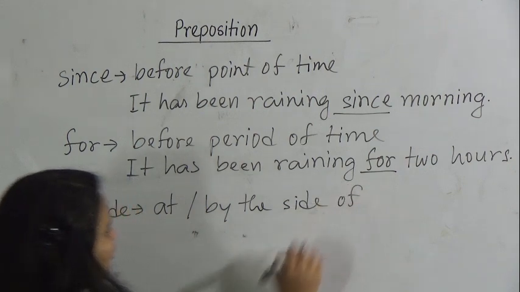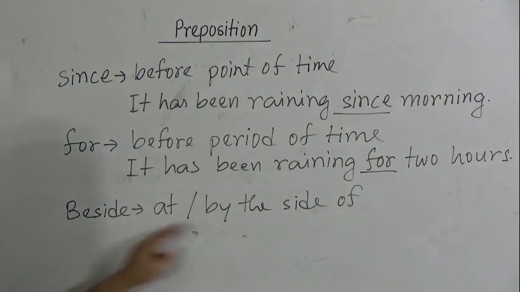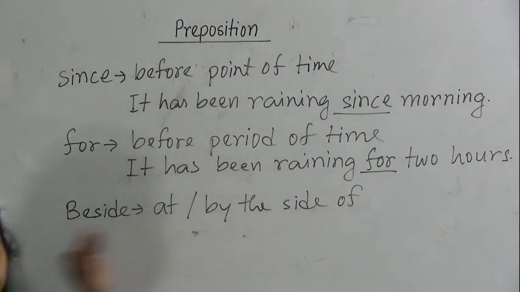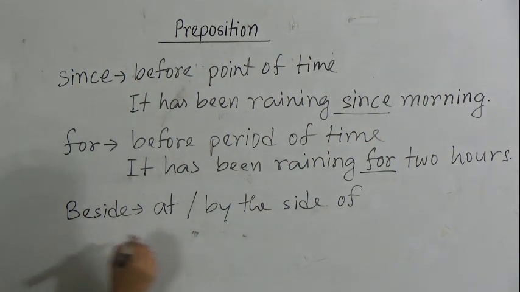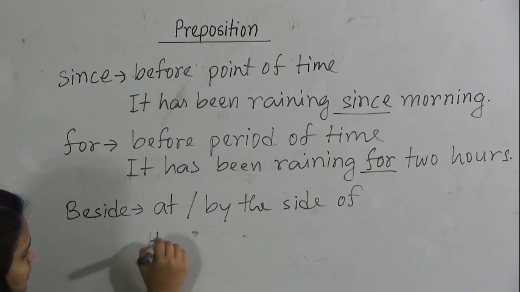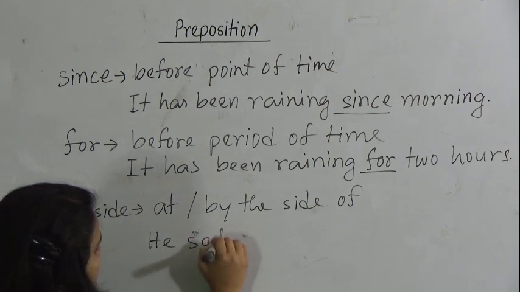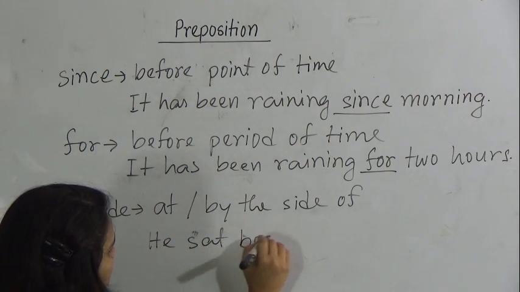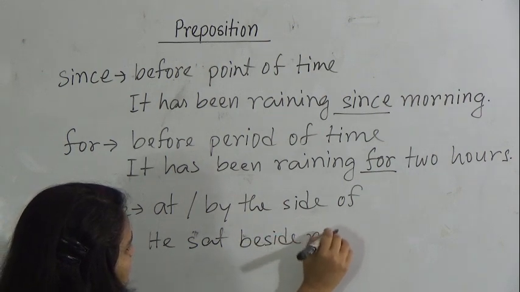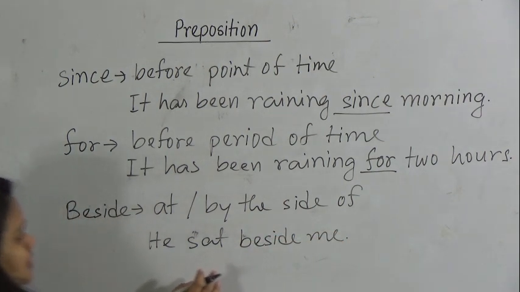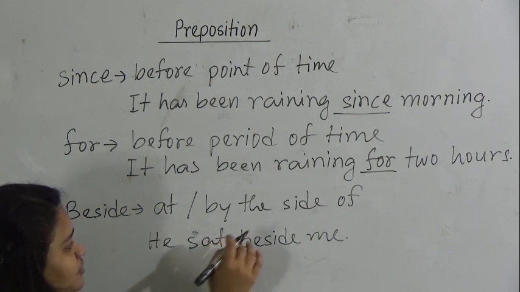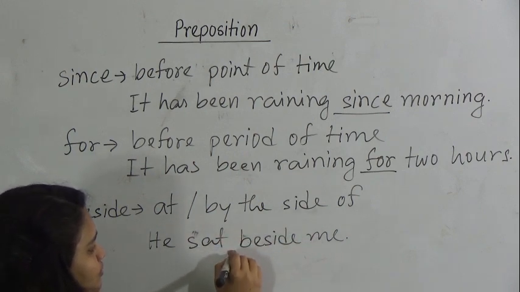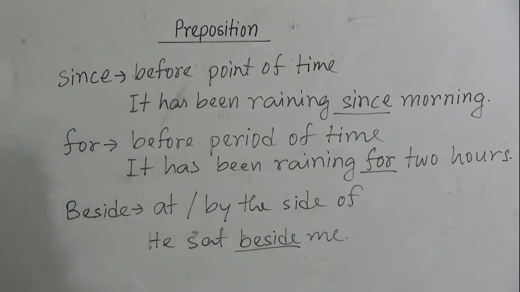We can write here, he sat beside me. That means he sat by the side of me. So we will use beside for at or by the side of someone or something.